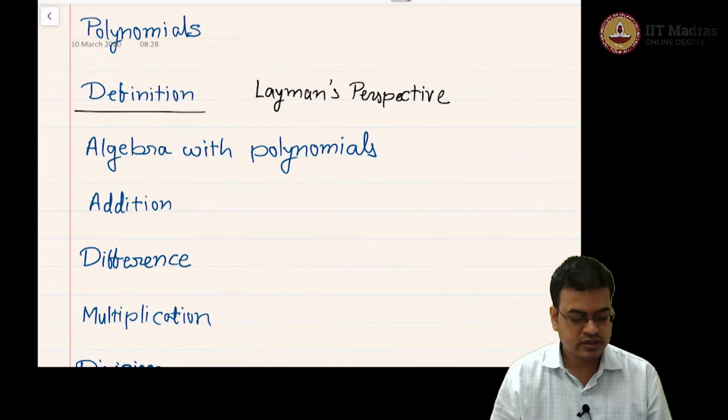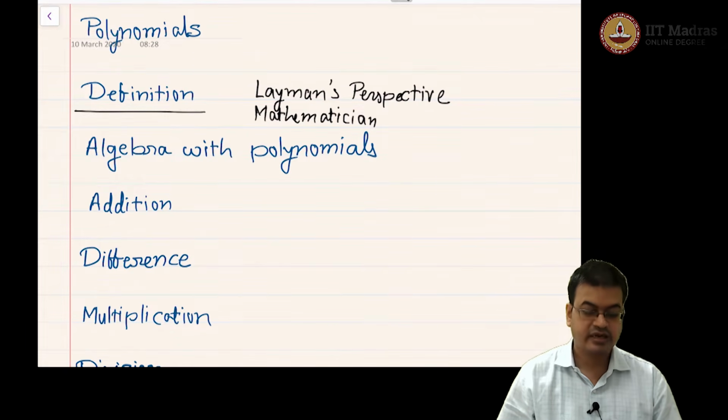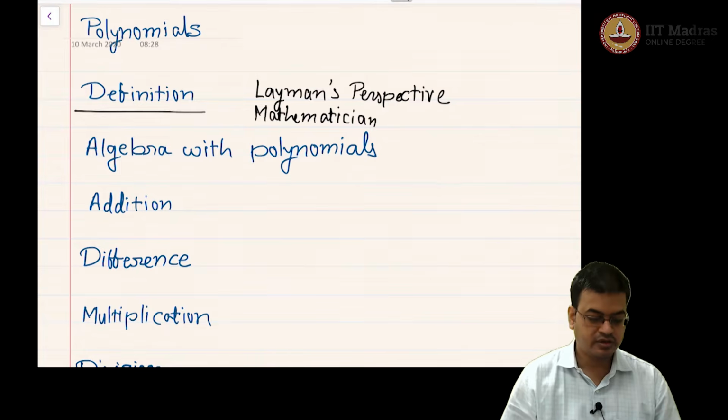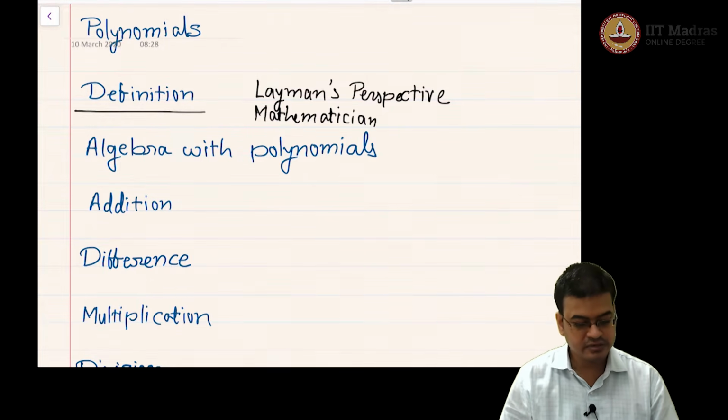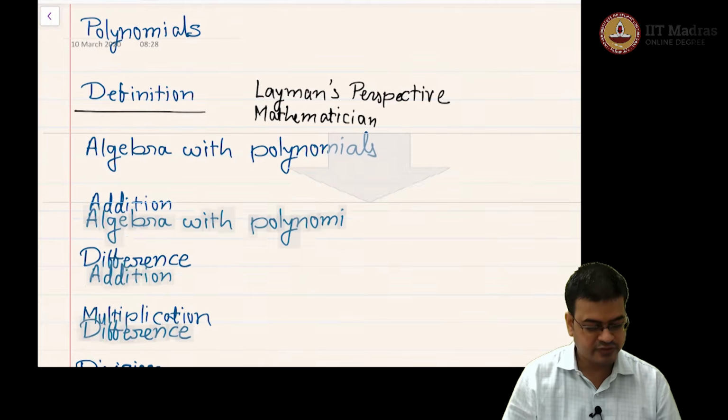If you notice the finer difference between the mathematician's perspective and the layman's perspective, a layman can generally call something a polynomial even if it is with rational powers, rational exponents, and a mathematician will not consider that a polynomial. The difference comes essentially from the way we use the domain of definition.